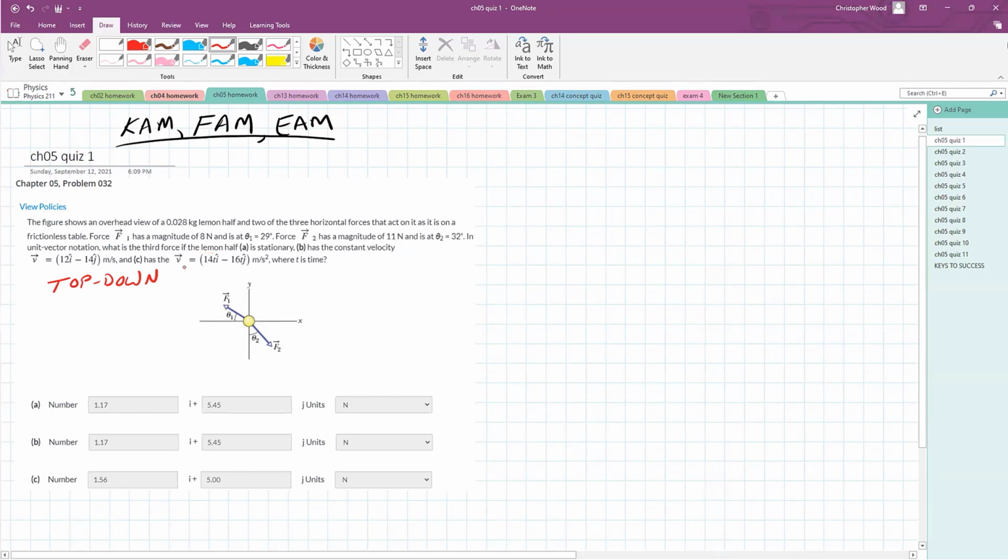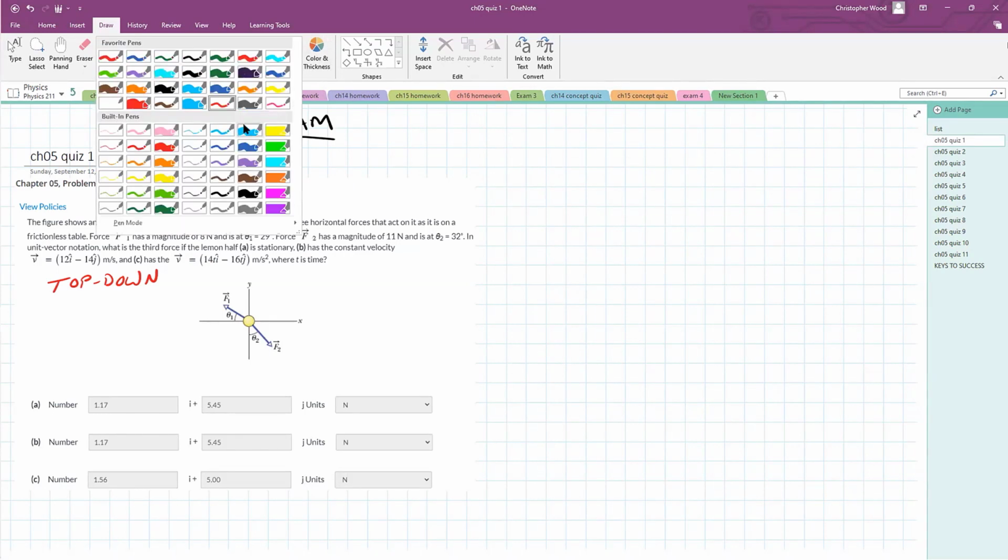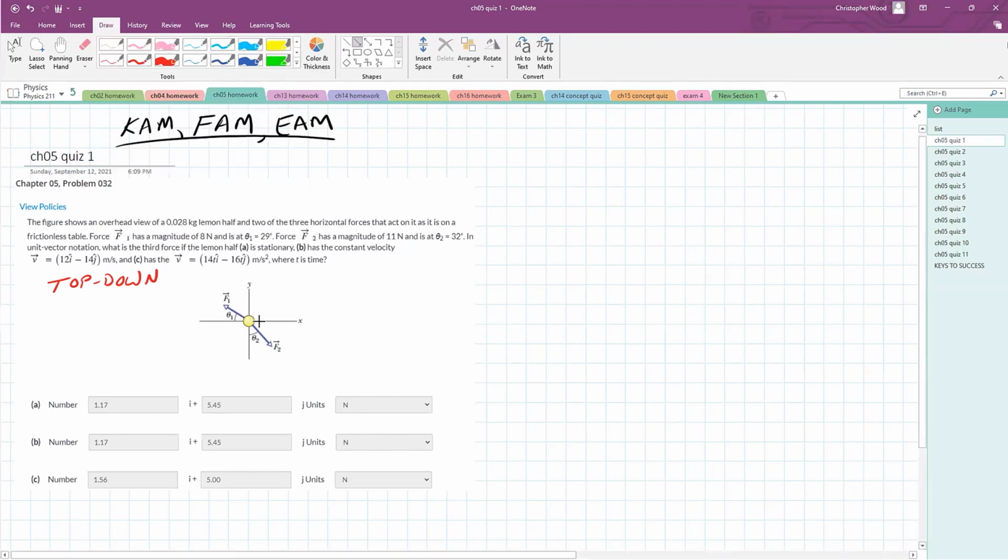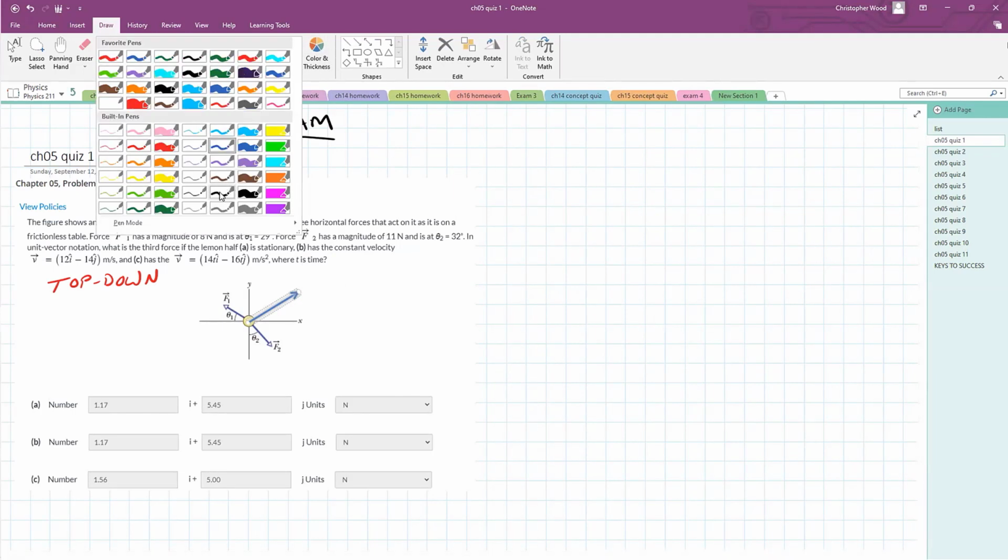So there is a third force, and right now I don't know anything about it, so I'm just going to draw it. I don't even know what quadrant to draw it in. I'm drawing it in quadrant 1. It might not be in quadrant 1, but this is just a preliminary guess.